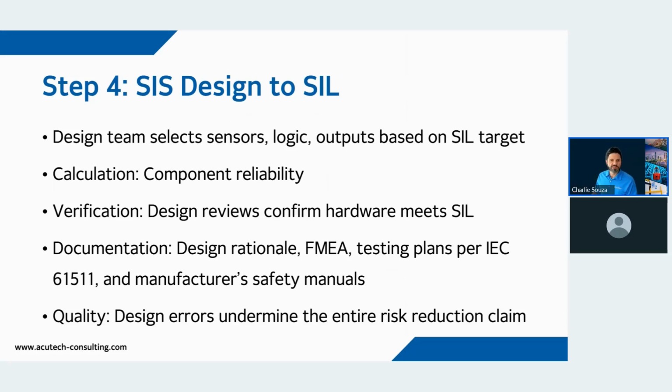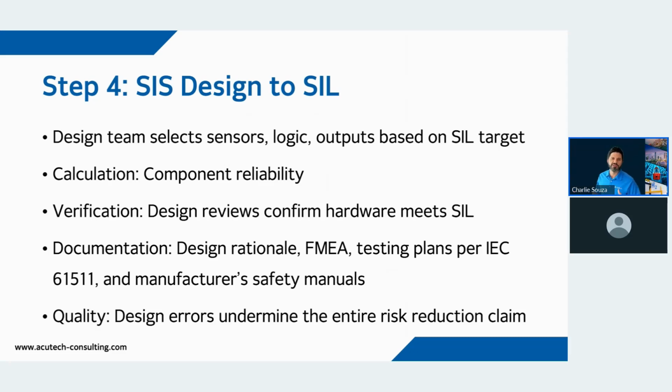Then we go from the design to SIL, with this being a SIL verification, right? We are calculating using failure data, using other reliability concepts to indicate that the hardware and software that your detail design team has put together achieves the risk reduction factor that you intended it to have in LOPA.